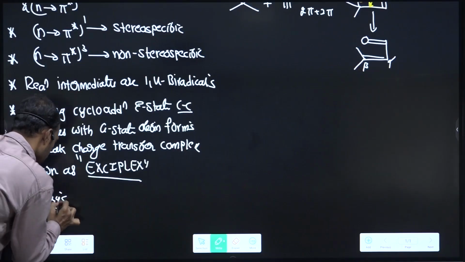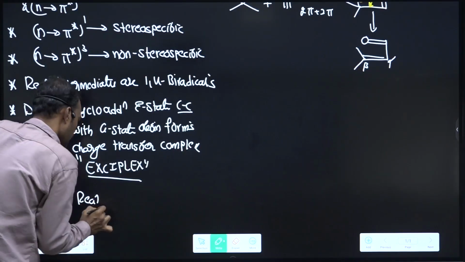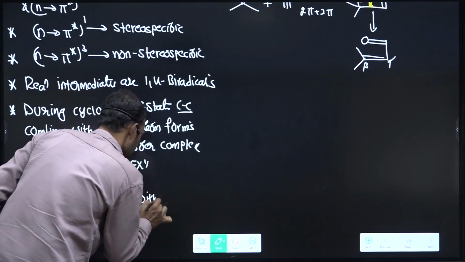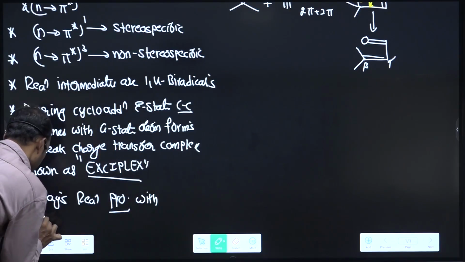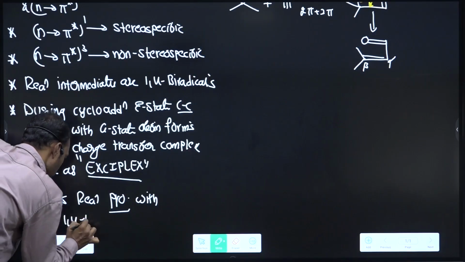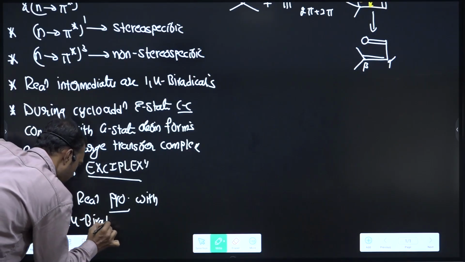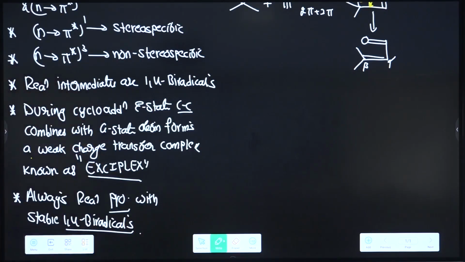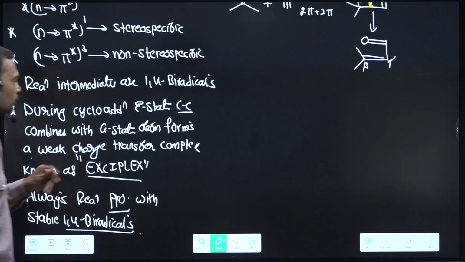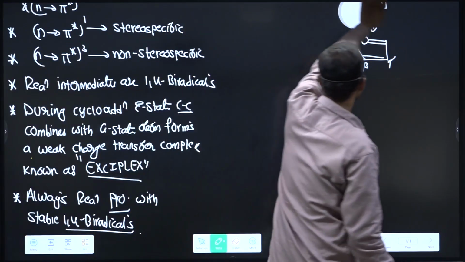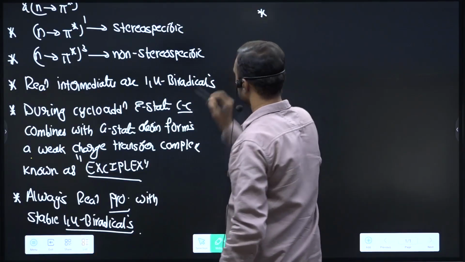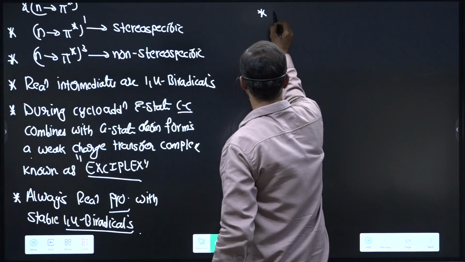Okay, next, the reaction always proceeds with a stable 1,4 biradical. The Paterno-Büchi reaction proceeds with stable 1,4 biradicals only.